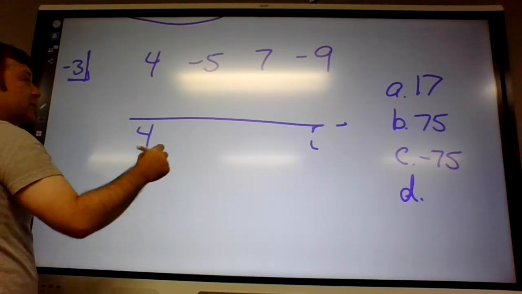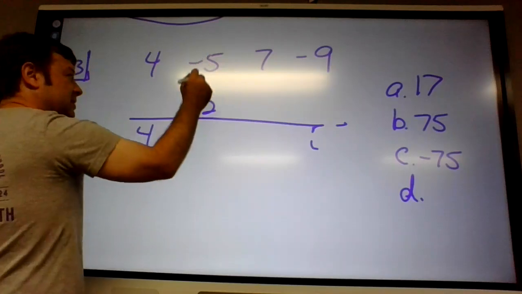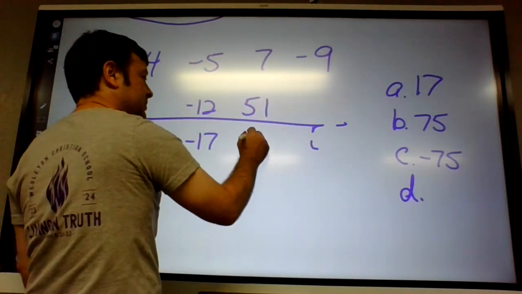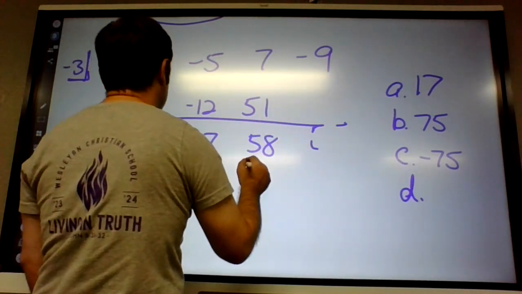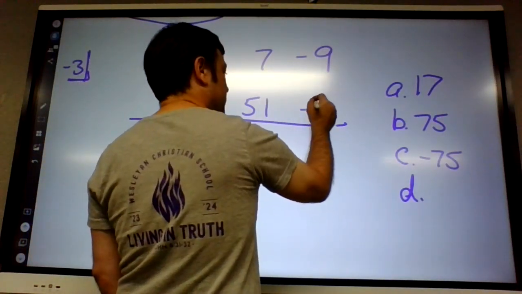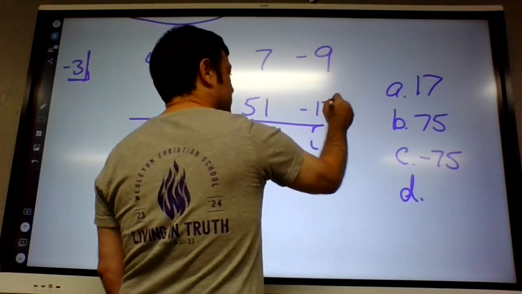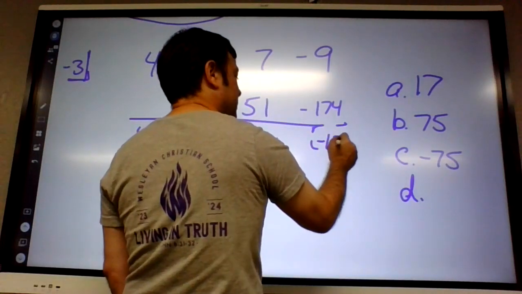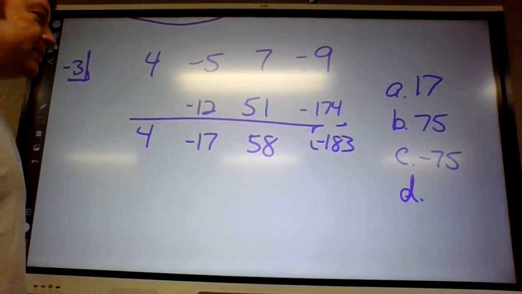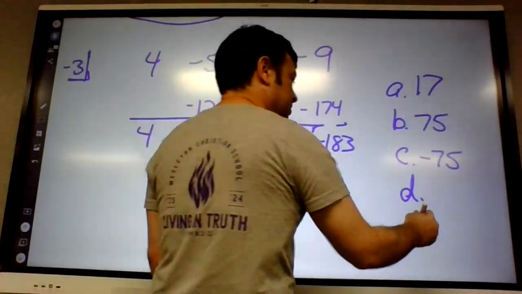Okay, 4 times negative 3, negative 5 plus negative 12, times negative 3, plus, times negative 3, negative 174? I feel like I made a mistake here. It seems too big, too weird. But I didn't. I thought I was wrong once, but turns out I was right.